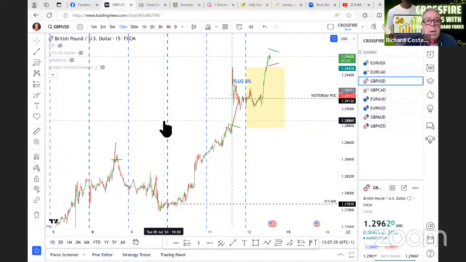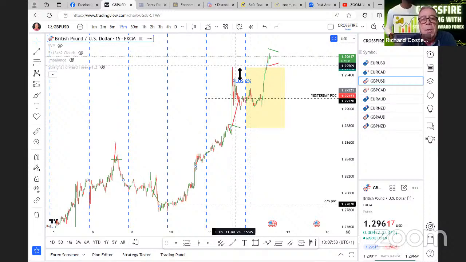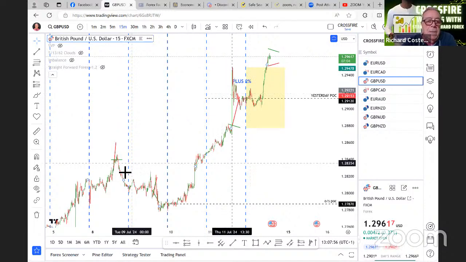And there we go. Okay, so GBP US dollar, you can see the massive increase from Thursday morning. From Wednesday morning, it went up on Wednesday, it went up even further on Thursday, and then today it's gone beyond yesterday's high. The early days of the week, Monday, Tuesday, it was a different story.